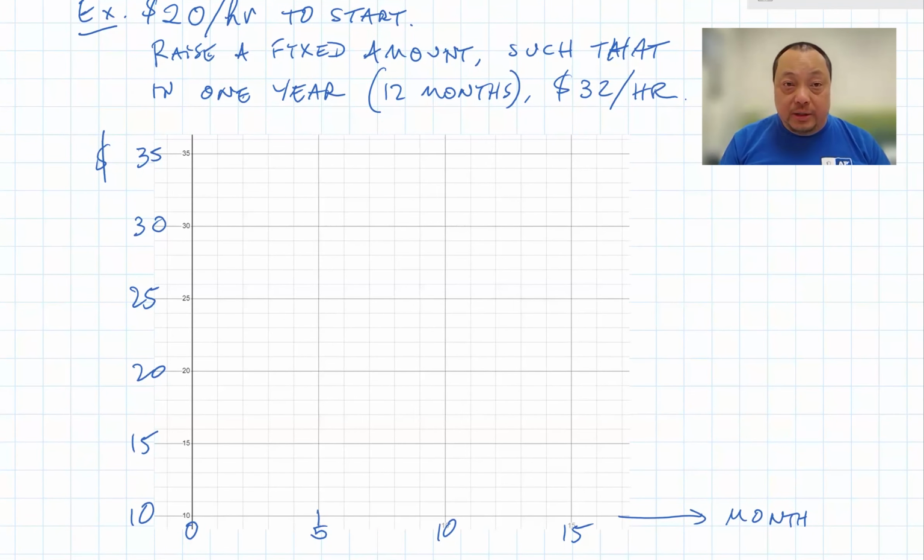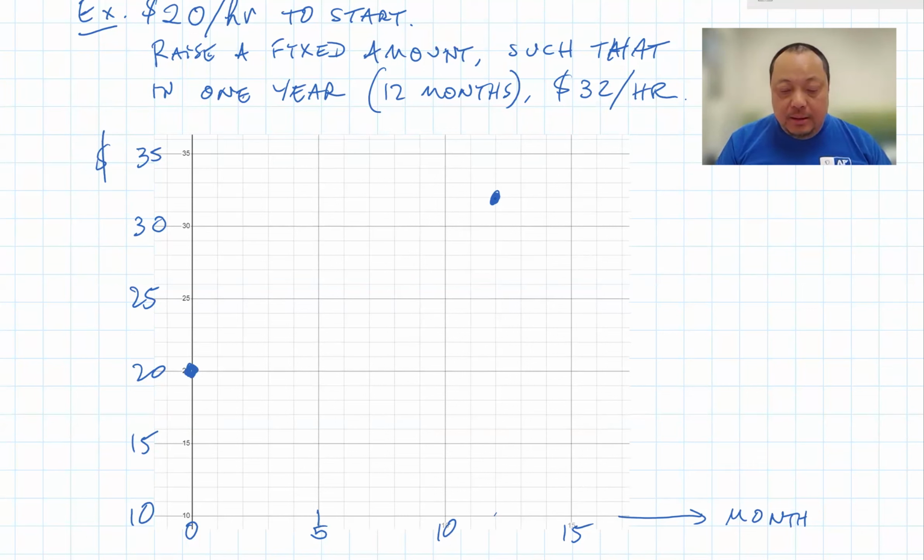So here's our grid. And you're starting at $20 an hour at month 0. And then I promise you that I will increase every month so that by month 12, you'll be earning $32. You would be here. That sounds like it should be $1 a month, right?